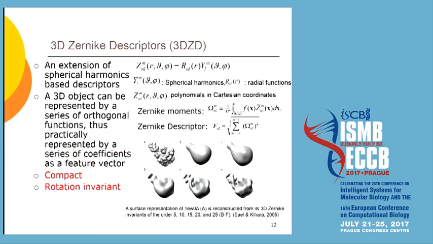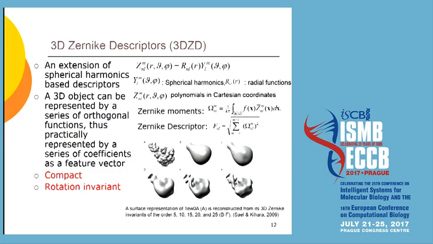The main method used in this search is called the 3D Zernike descriptor. This 3D Zernike descriptor is a series expansion of a three-dimensional function. It has spherical harmonics in it, and in addition to that, it also has a radial function.